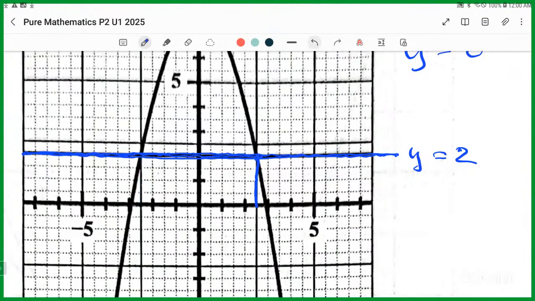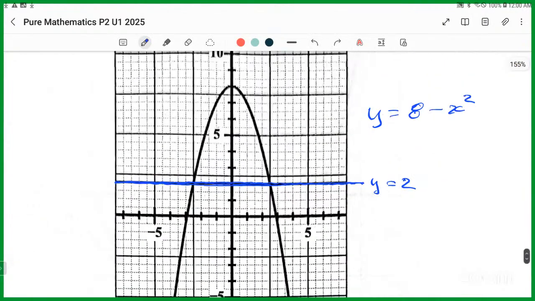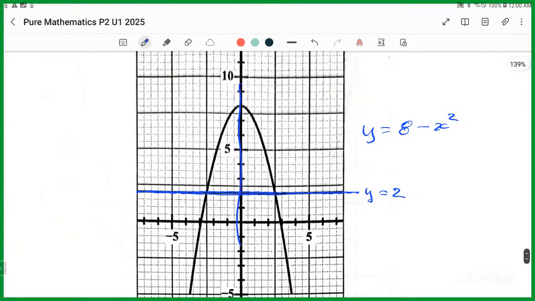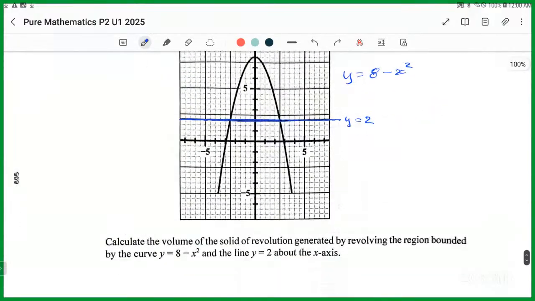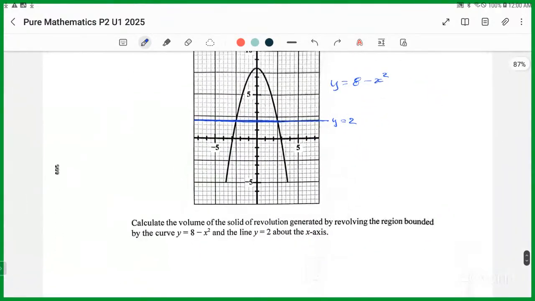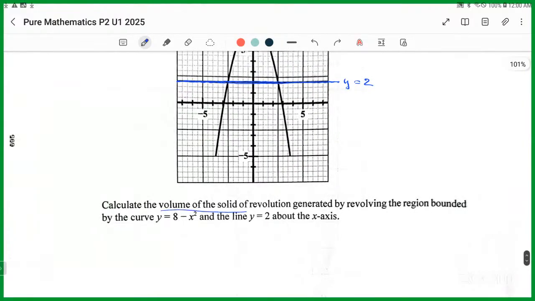And this graph is symmetrical about the y-axis. So this half of it is the same as this half of it. That's what it says. It requires us to calculate the volume of a solid of revolution generated by revolving the region bounded by the curve and the line about the x-axis.